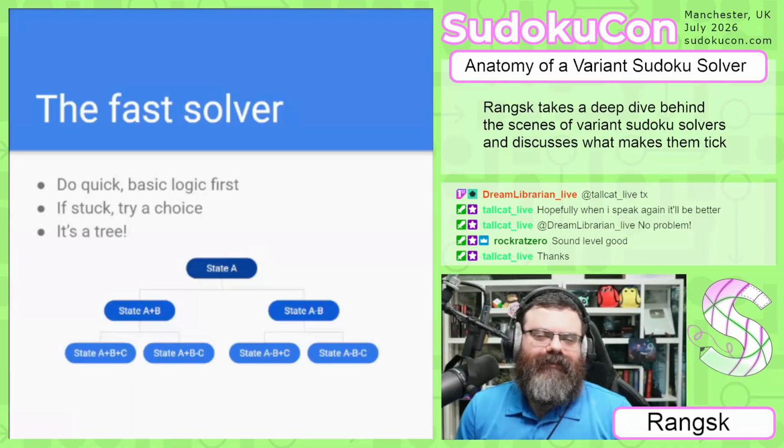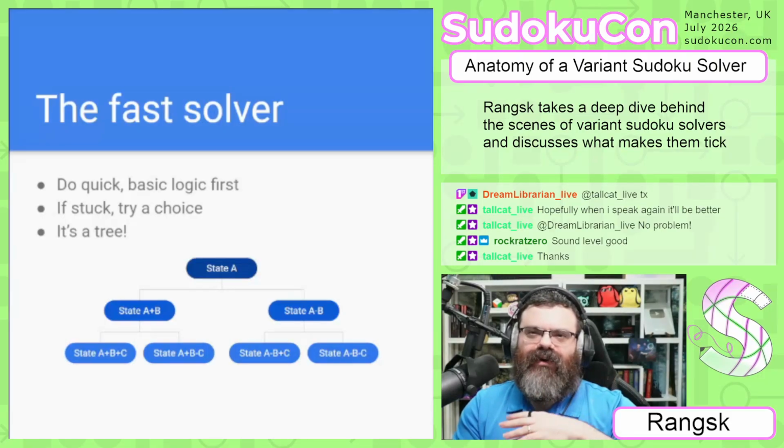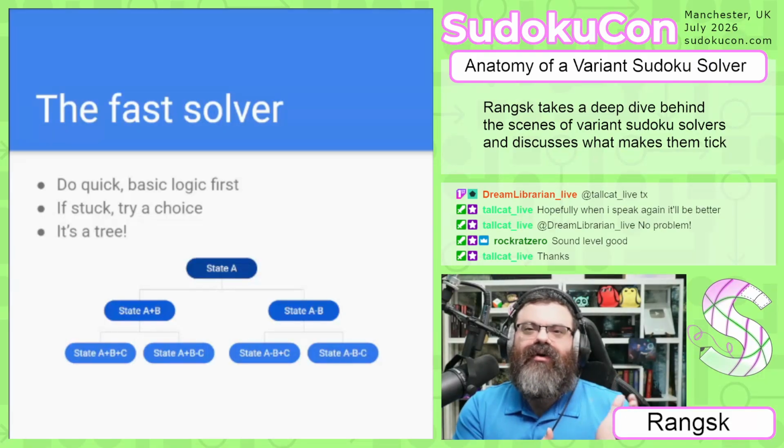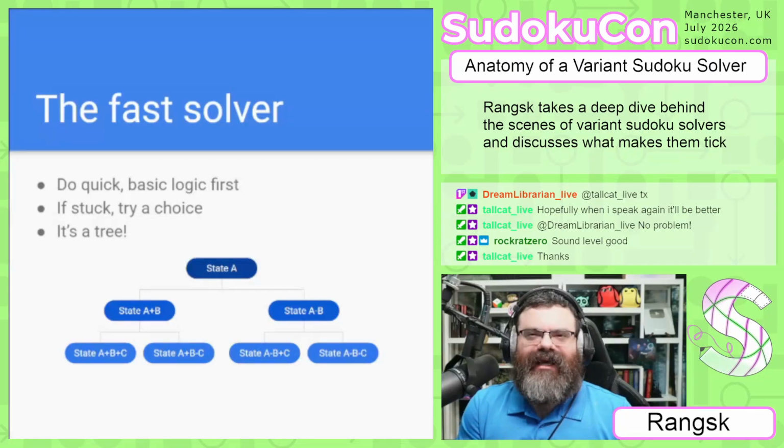And there's a lot more heuristics involved. Here, the only heuristic is I have to make a guess. Which guess should I make? That's a heuristic, but everything else is purely logical and it can do it extremely quickly.